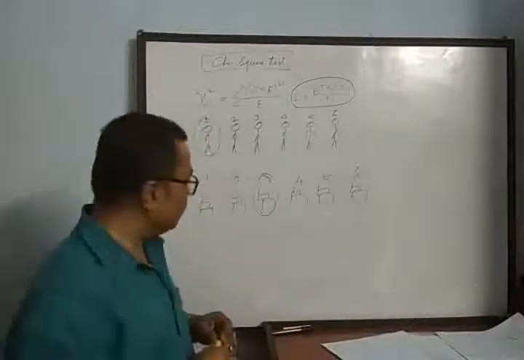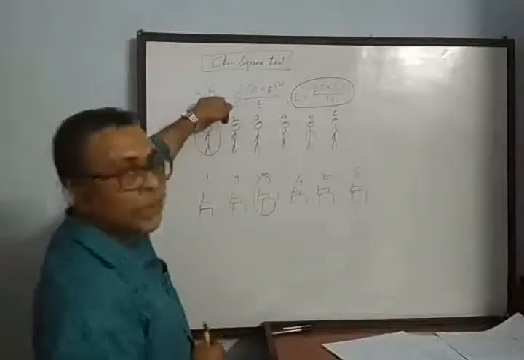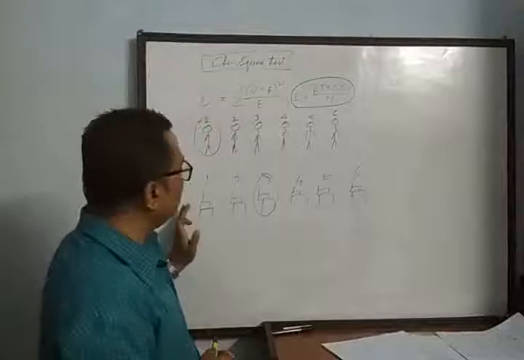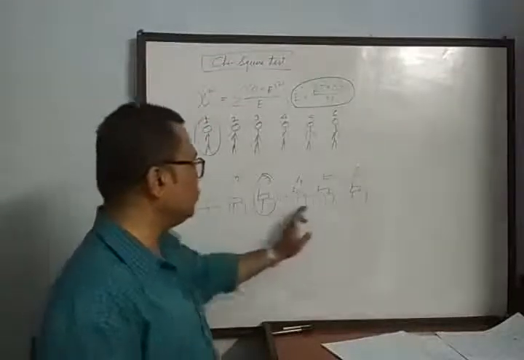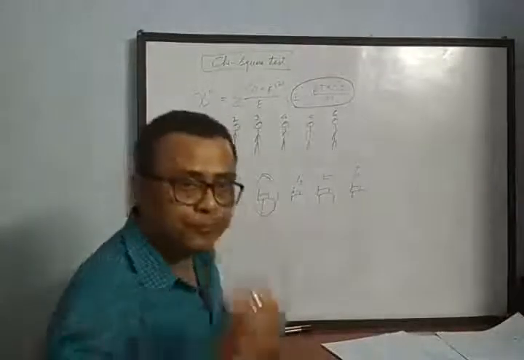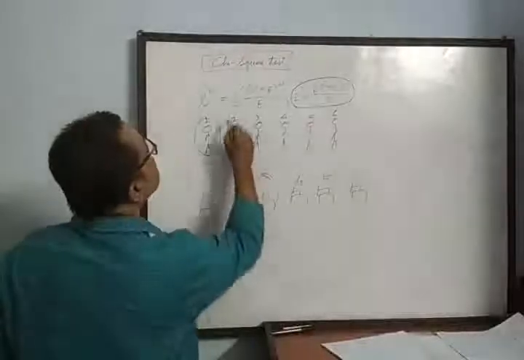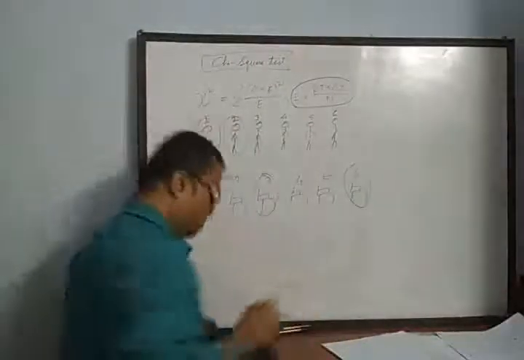No, because one is already occupied. So he can choose only out of 1, 2, 3, 4, 5. Out of 5 chairs, he can choose only 1 chair. Now suppose the second person has chosen the 6th chair.